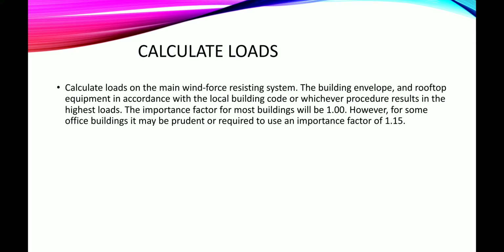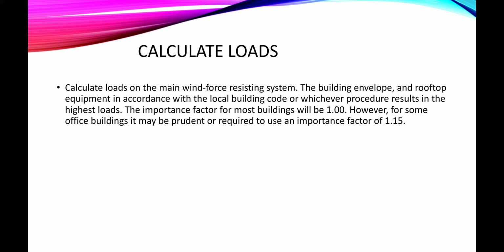The steps for building design. First one is calculate loads. Calculate loads on the main wind force resisting system, which are the primary structural elements such as beams, columns, shear walls, and diaphragms that provide support and stability for the overall building.